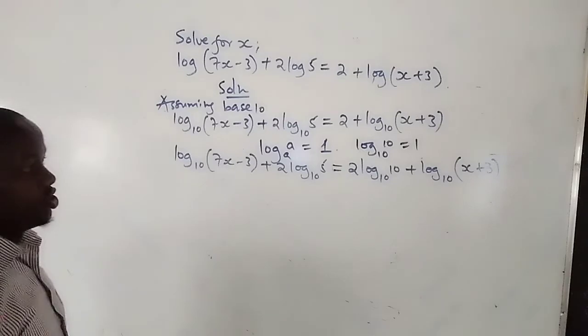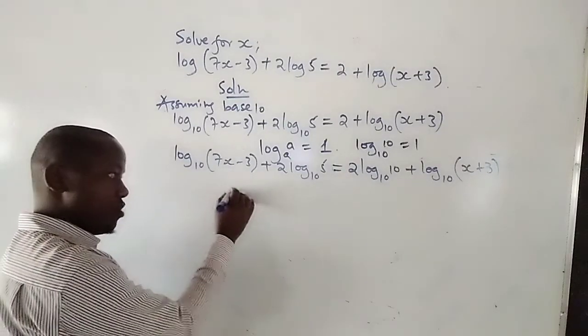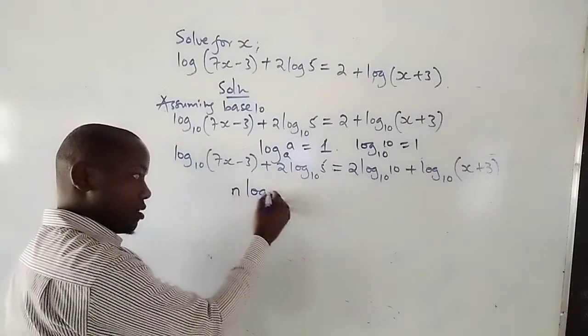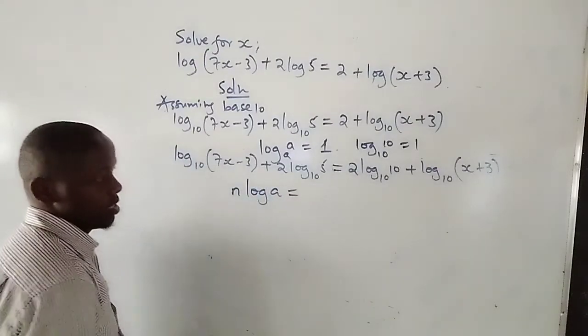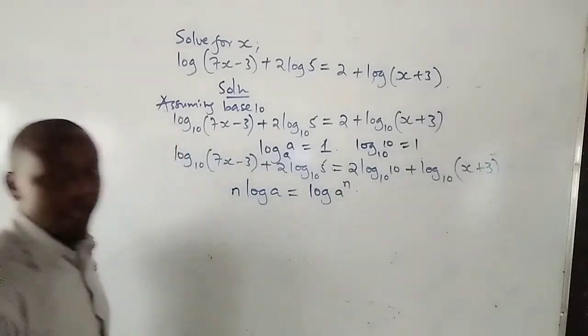Now at that stage, there is a law of logarithms which says that when you have a number n times the logarithm of a, it's just like taking the logarithm of a raised to the power n.